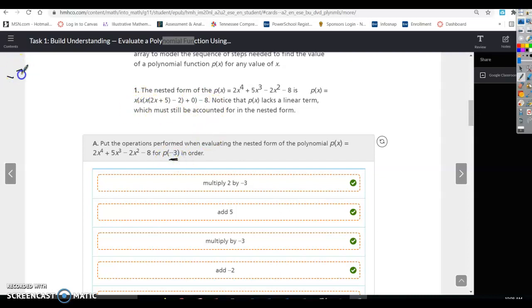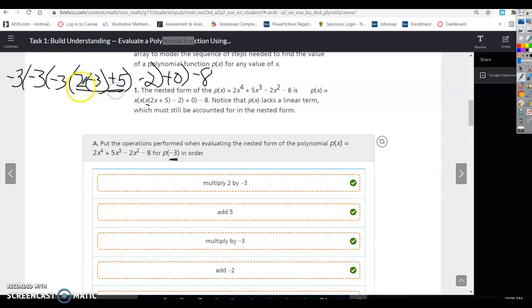So you're going to have -3, and then x again, -3, and then x again, -3, and then 2 times -3 plus 5, minus 2 plus 0 minus 8. If you want to use the nested thing, this is what you would do. You start on the inside.